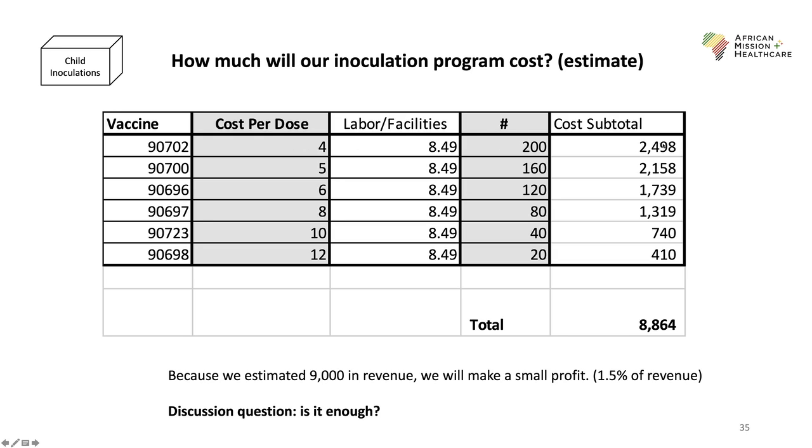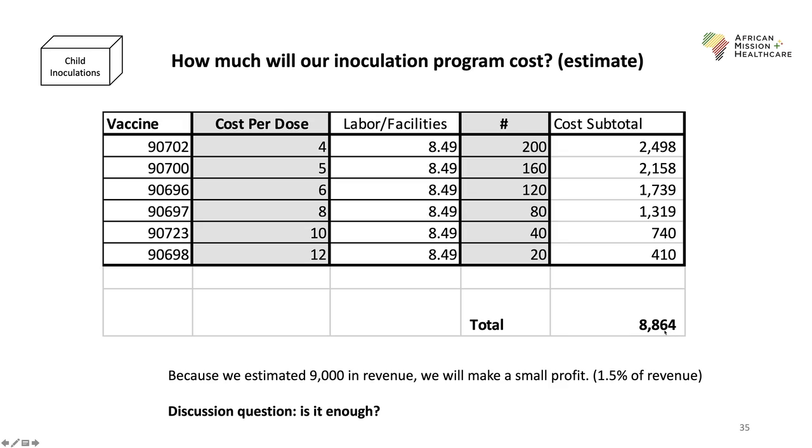If we're going to do 200 of these 702s, it's going to cost us 2,498 shillings. If we're planning on doing 40 of the 723s, and the cost per dose is 10, labor and facilities is 8.49, the total cost will be 740 shillings for those. And we add these numbers up and we get a total of 8,864.